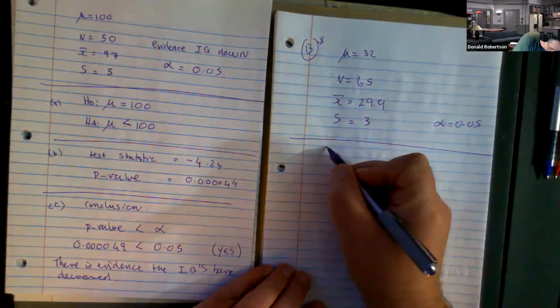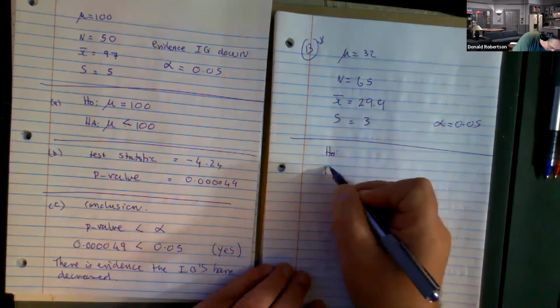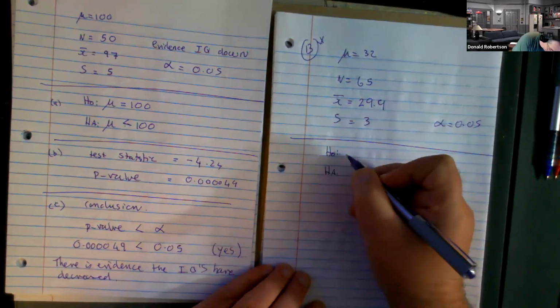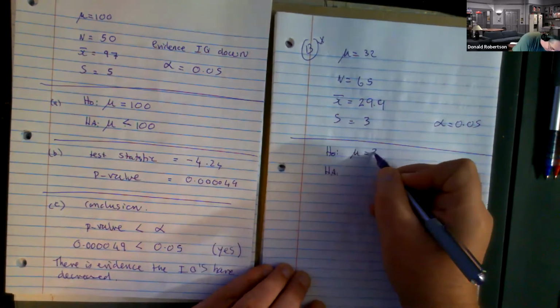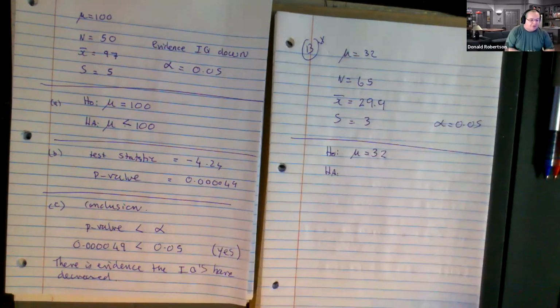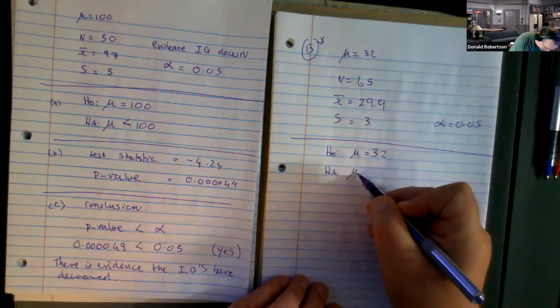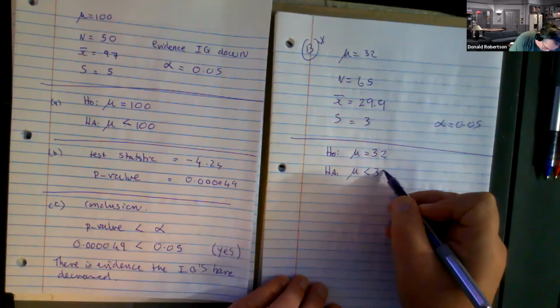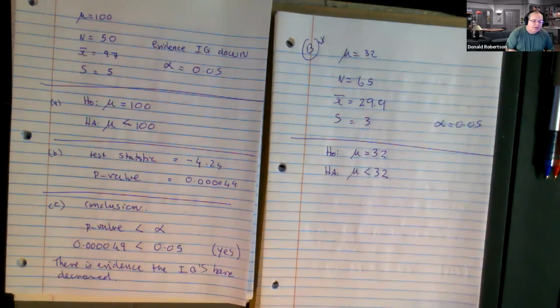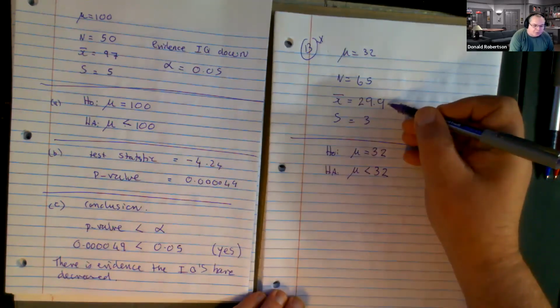So, H naught and HA. The null hypothesis is that the average is still 32. The alternate is, can we prove that it's actually typically less than 32? They said, is there evidence to prove that it's less, right? Would you agree that that's definitely pointing at being less?